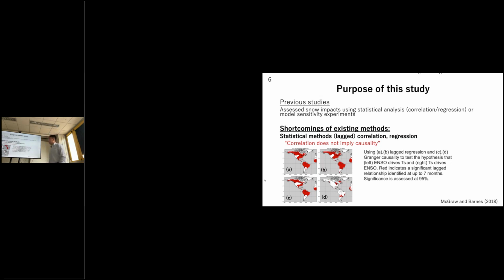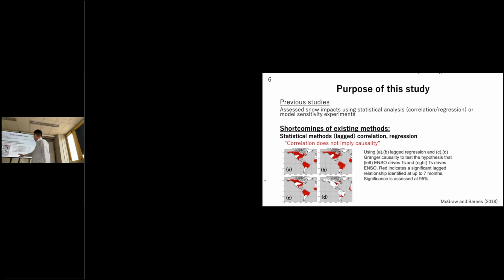Even if we have the correlation between two variables, it doesn't mean that one element has caused the variability of the other element. This is just an example of that kind of situation.